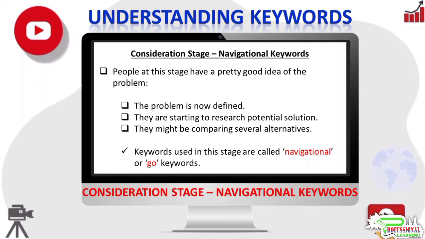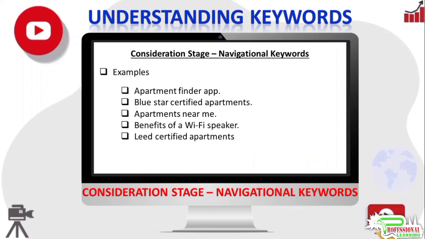They are now looking for services, tools, or suppliers, and they might be comparing several alternative solutions and reading reviews. Keywords used in this stage of the buying process are called navigational keywords or go keywords. These keywords are used to help in finding a product or service that will help in solving the problem.